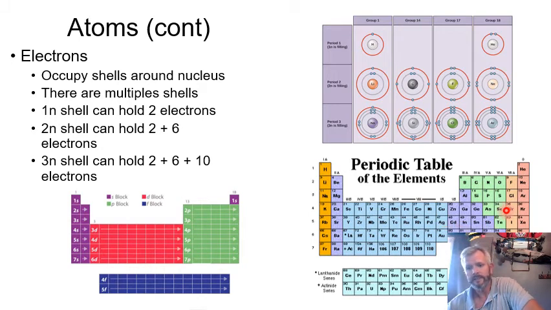Okay. Let's look at some interesting cases here. Carbon is interesting in that, how many electrons to get to be like neon? It needs 1, 2, 3, 4. Okay.